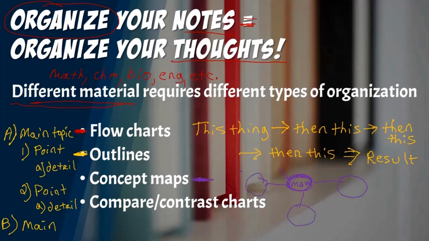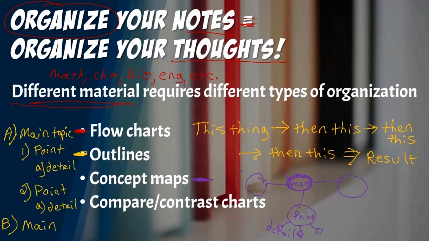Here's a point, here's a point, here's a point. And then off of these you have little details. So you can draw this little spider thing, and these are called concept maps, which will organize your thoughts.